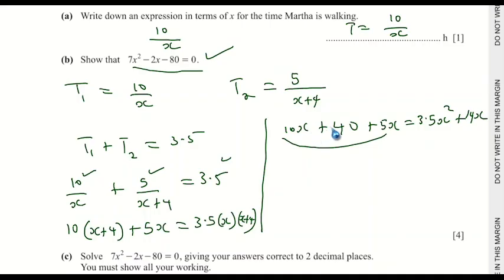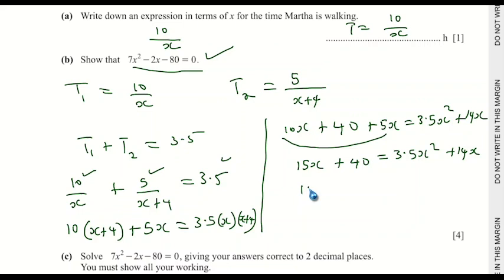Let's write 15x first, then plus 40, then equals 3.5x squared, then plus 14x. Now let's bring everything to the left hand side.